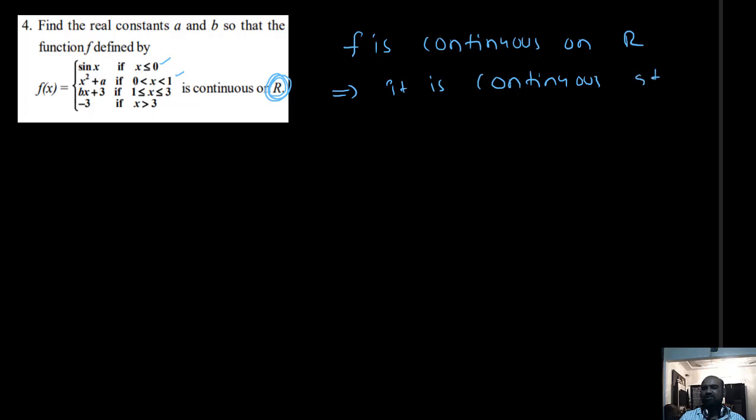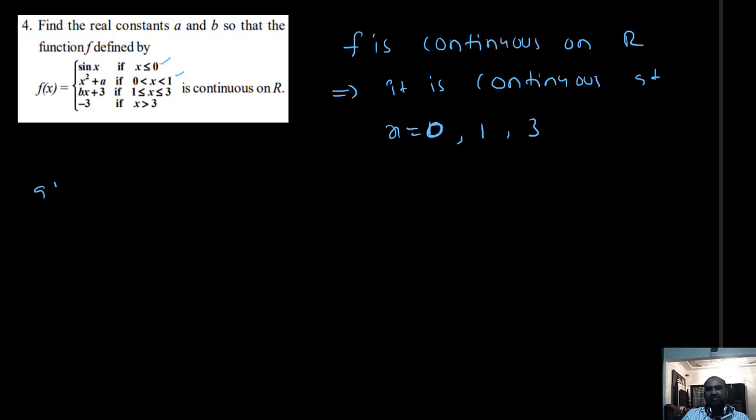Okay, f is continuous on R implies it is continuous at turning points 0, 1 and 3. By using these 0, 1, 3 we want to find the a and b values.